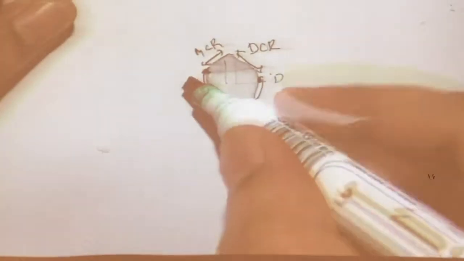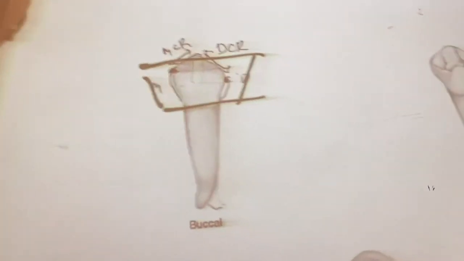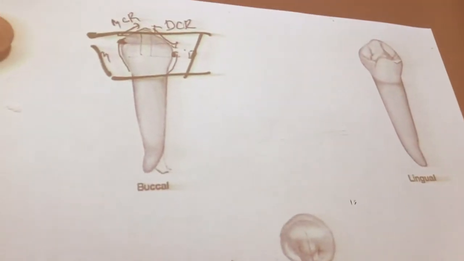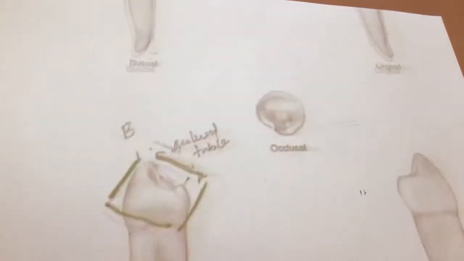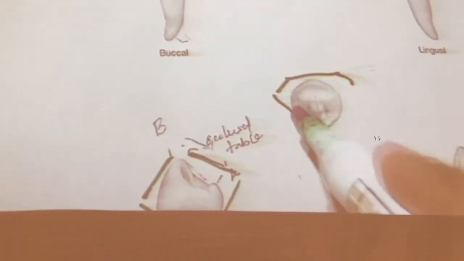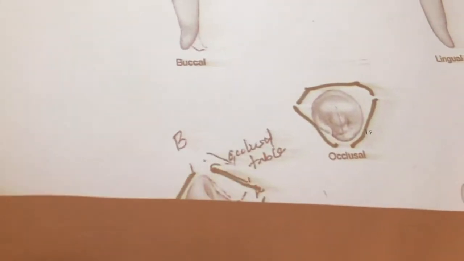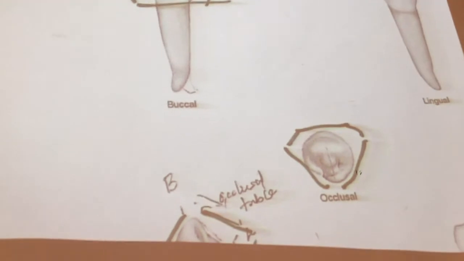Here if you see, it looks trapezoidal, whereas if you see from this side, it looks rhomboidal, and if you see here, it looks like a diamond. So what is the occlusal shape of the first premolar? It's diamond shape.